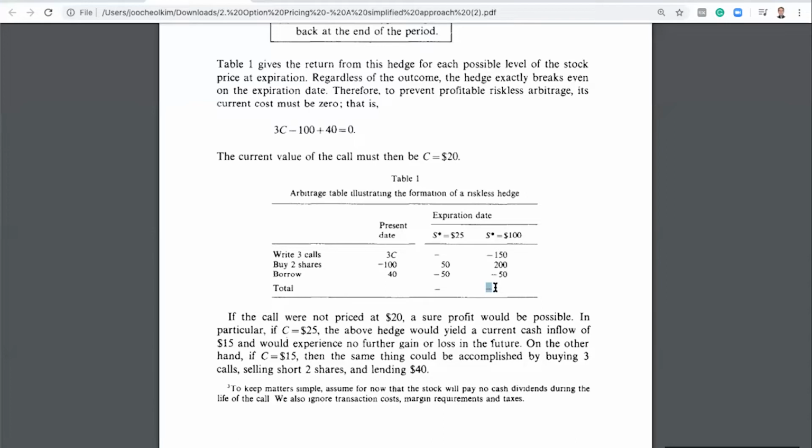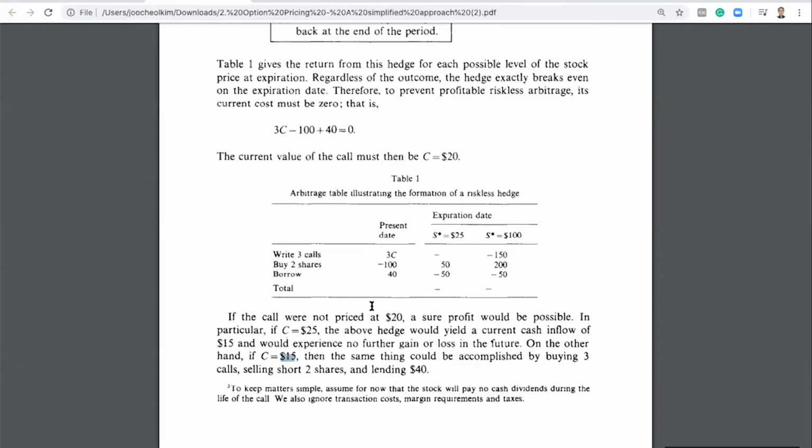That's the arbitrage. So the 25 cannot be the no arbitrage value. And it also explains what if the price is less than the equilibrium value? Then you have to take the opposite position. So you have to buy the option, not sell the option, buy the option and short two shares and then invest money.